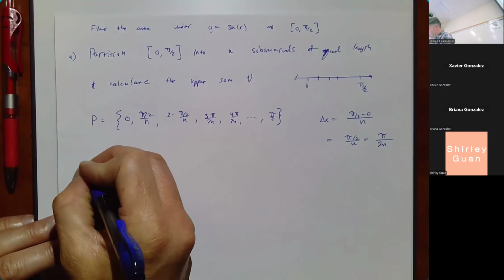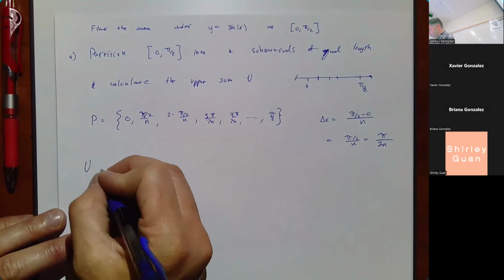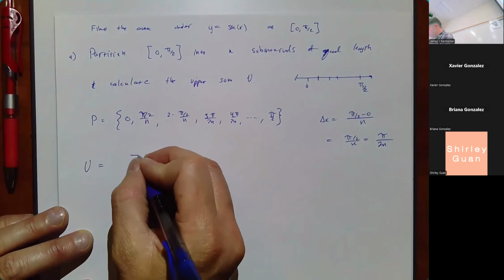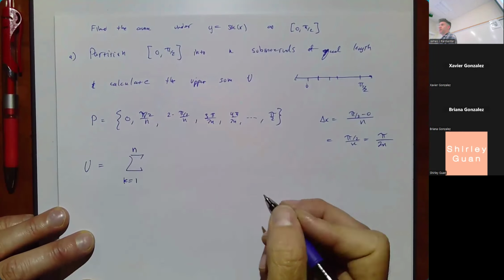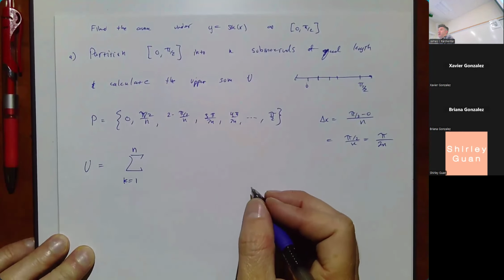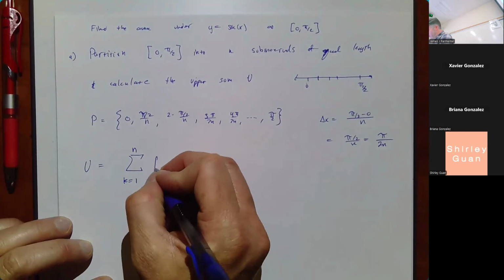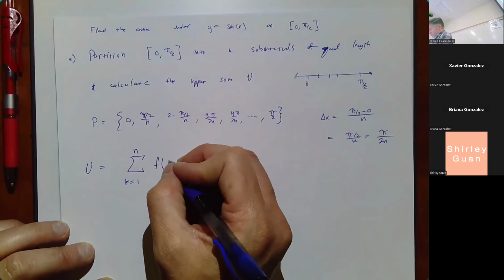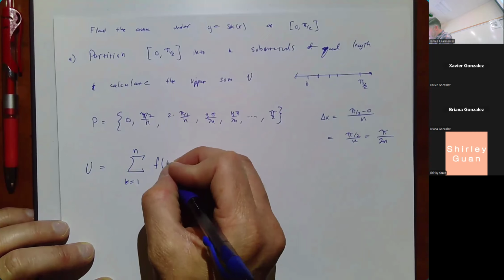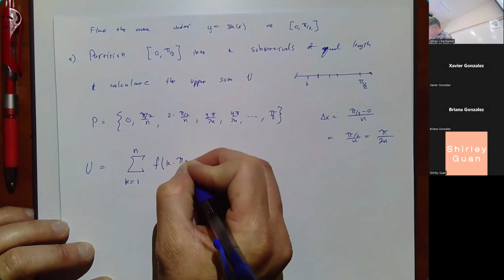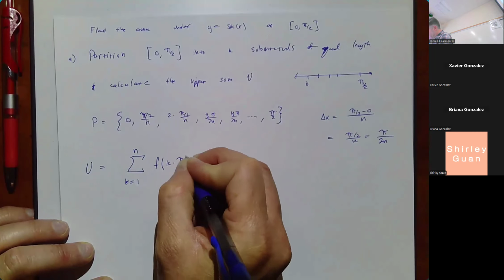So our upper sum U is going to be equal to the sum from k equals 1 to n of your function values at the right endpoints. So it's going to be your f of pi over 2n times k, right?